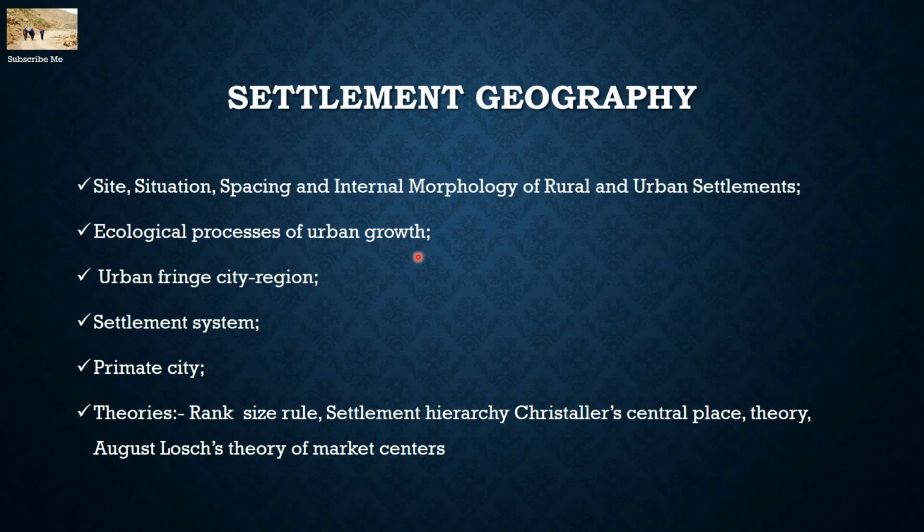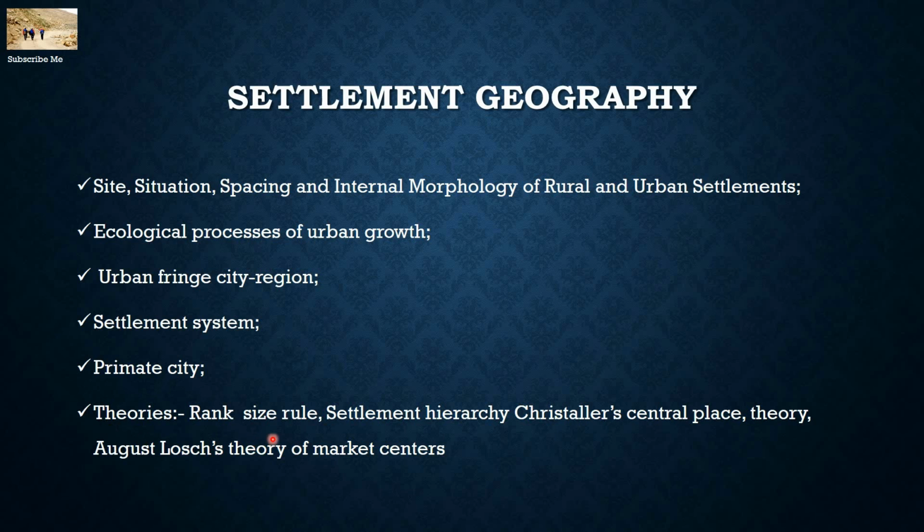Settlement geography simply states where settlement is done, and the sites, situation, spacing, and internal morphology of rural and urban settlements. It is easy, along with the ecological process of urban growth, the urban and rural fringe, city region, settlement system, primate city; study what the primate cities are.